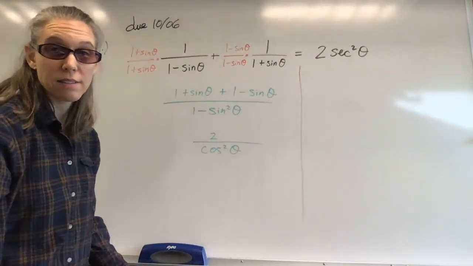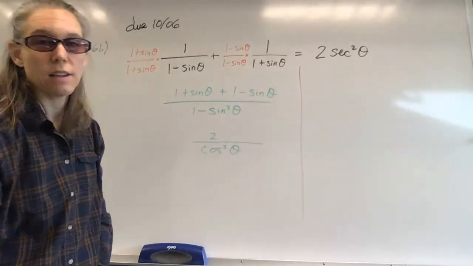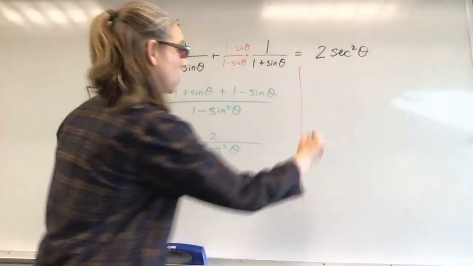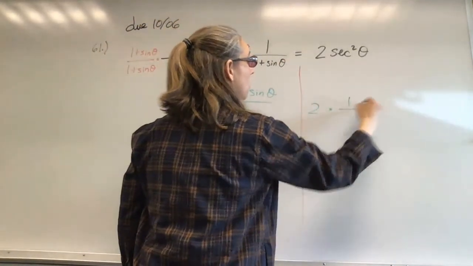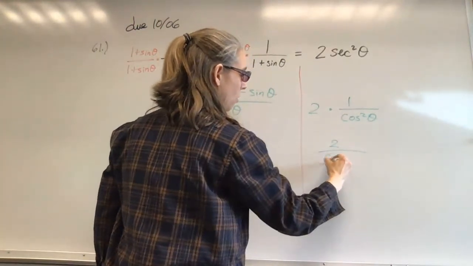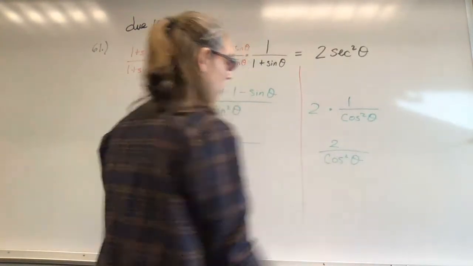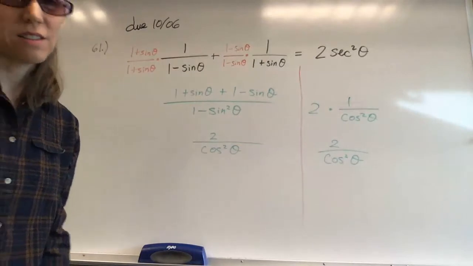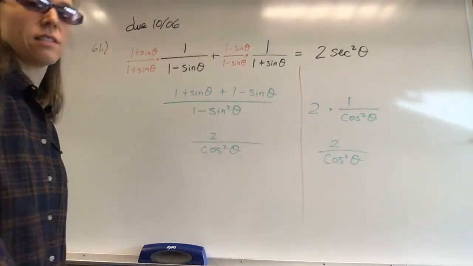Meanwhile, on the right-hand side, secant squared theta is 1 over cosine squared theta, and so then I can rewrite that as 2 over cosine squared theta, and now the right-hand side is equal to the left-hand side.